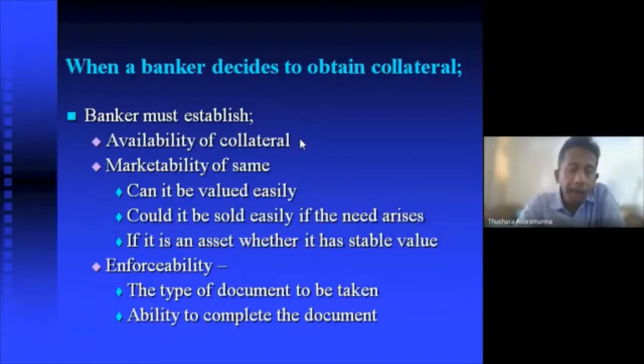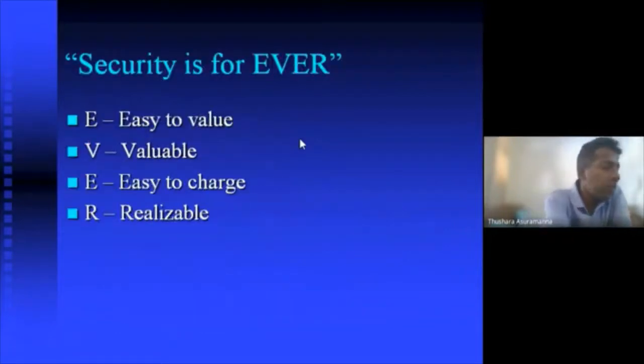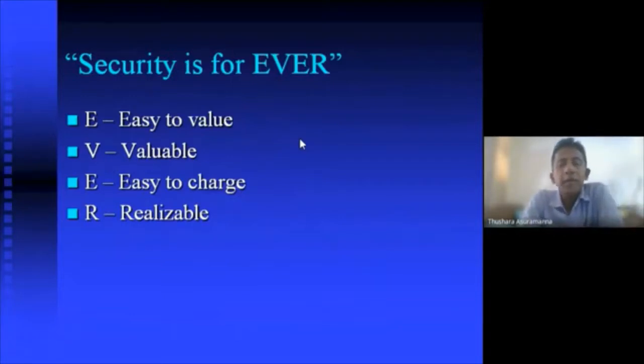These are the important things you need to keep in mind when you obtain collateral as security. In short, we call it easy to value, and there should be a value; easy to charge, that is enforceability; and realizable also. Right?